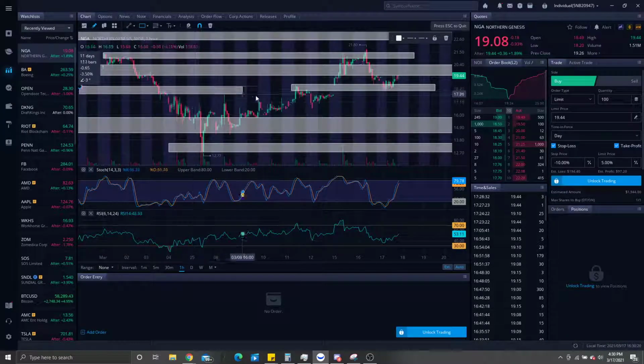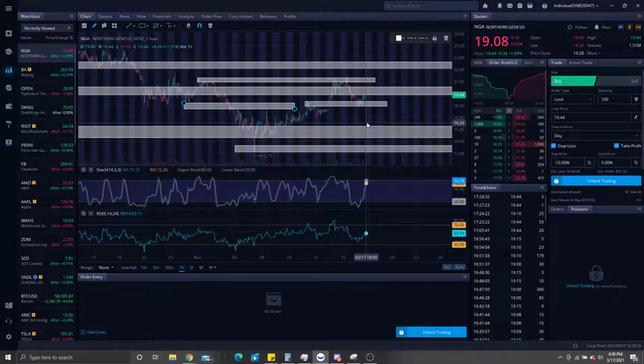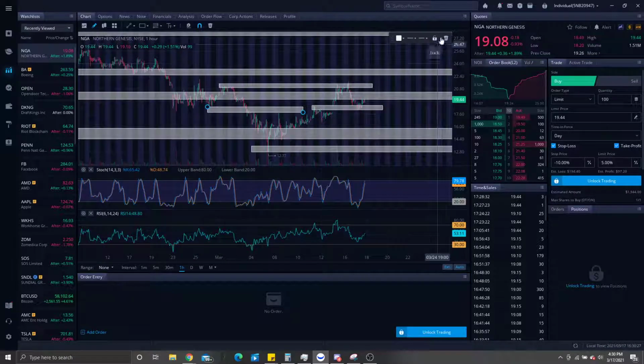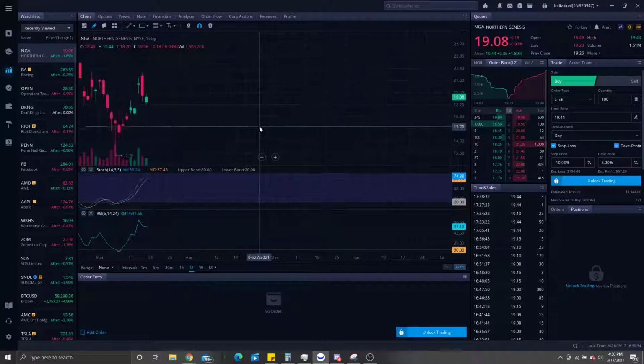Focus on significant areas of price action. Do you see? That looks insane. Do you think you could trade off that? I know I couldn't. How do I get all of these off? Focus on significant areas of price action.